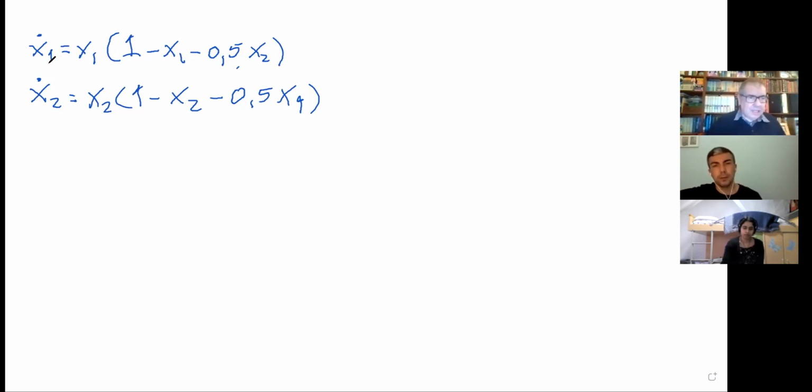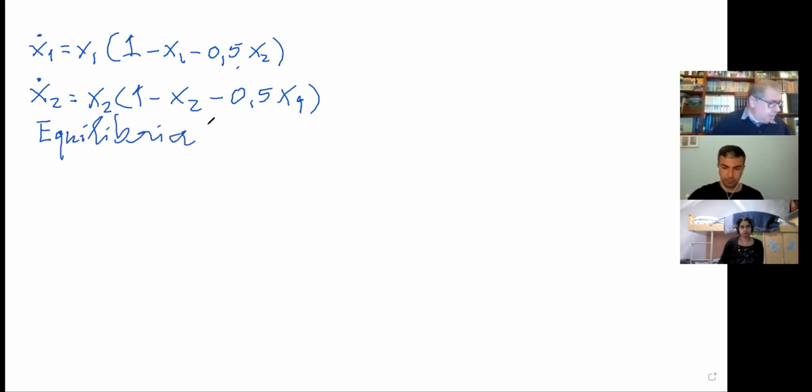Okay, but let's forget about it. So let's think about equilibria. One equilibrium, let's call it point A, is 0, 0, so x1 equal to 0 and x2 equal to 0.